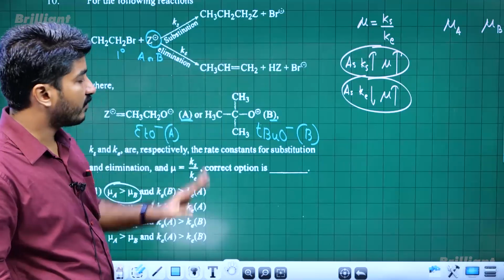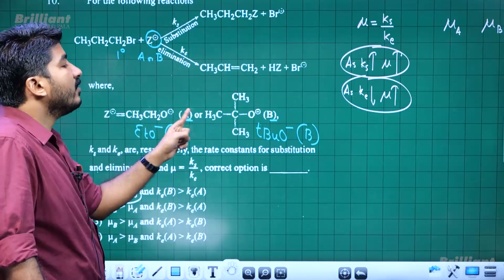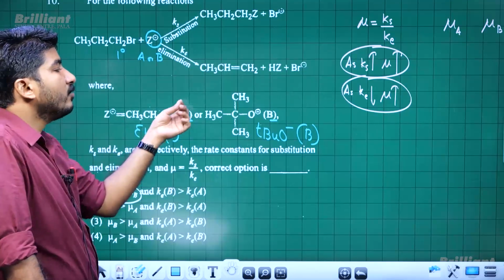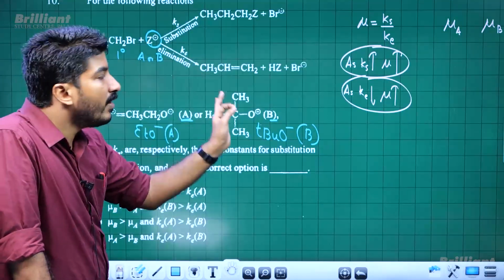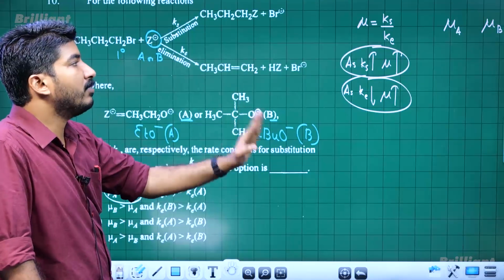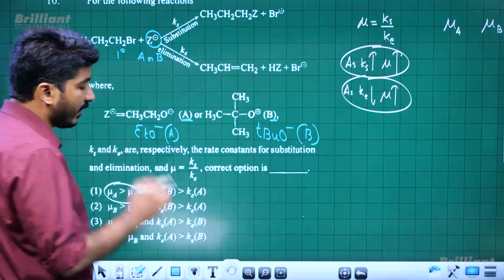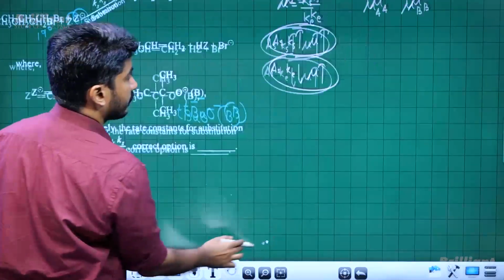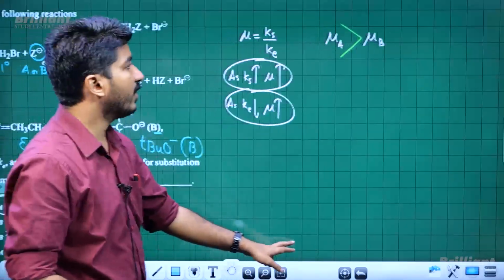If we use A, the mu value will be slightly higher than if we use B. If we use A, Ks and Ke are there. If we use B, then compared to the previous case, the mu value will be lower because substitution decreased and elimination increased on using B. So simply we can say that mu B will be less than mu A. Apply the principles.